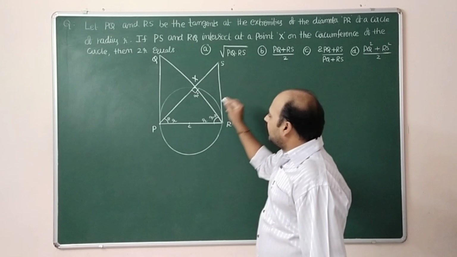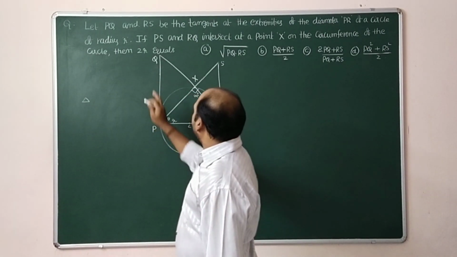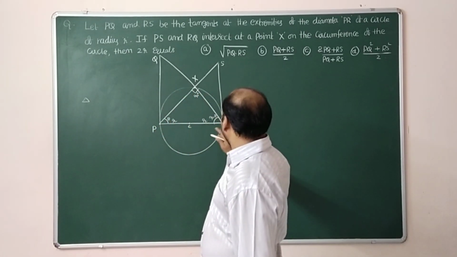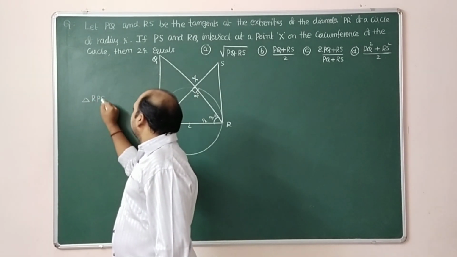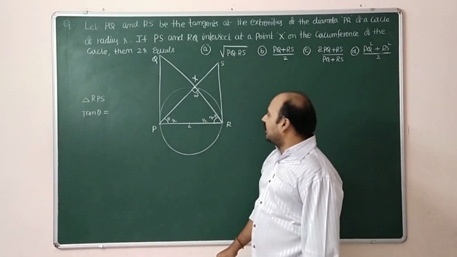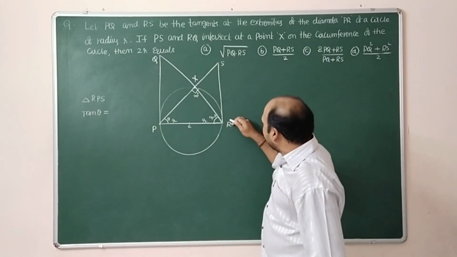From triangle RPS, tan theta is equal to opposite by adjacent side. What is the opposite side?